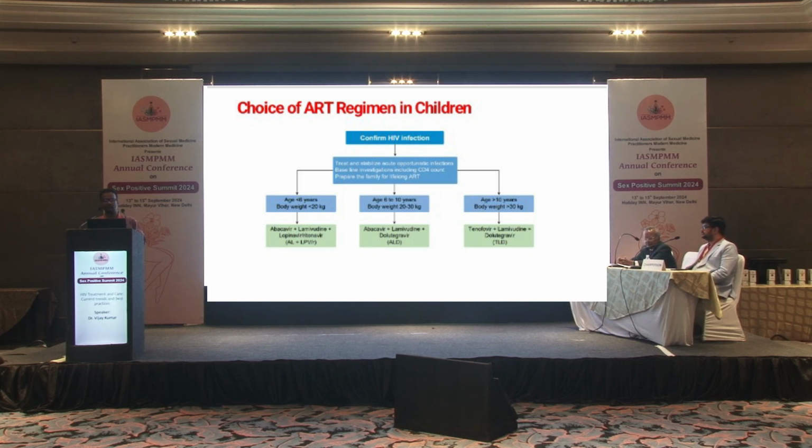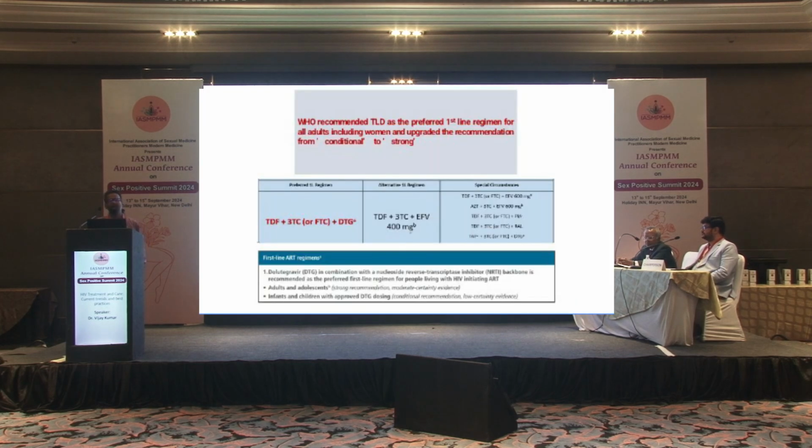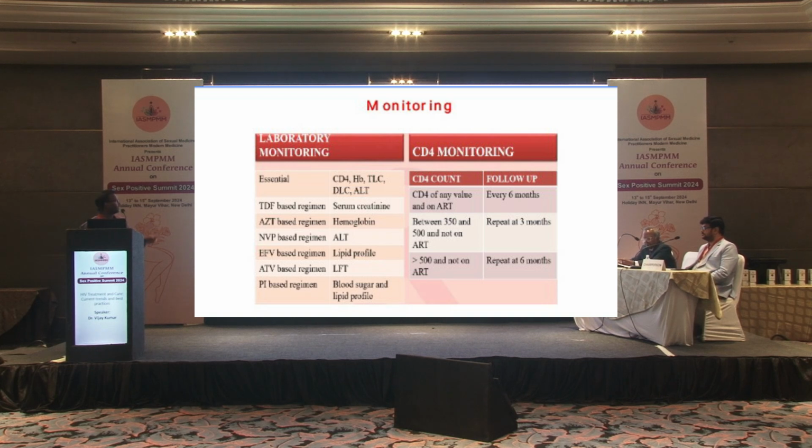Then if age is more than 10 years and body weight more than 30 kilogram, we can give TLD straightaway. For the second line alternative first line, we can put on tenofovir, lamivudine, efavirenz 400 mg instead of DTG, where it is contraindicated.